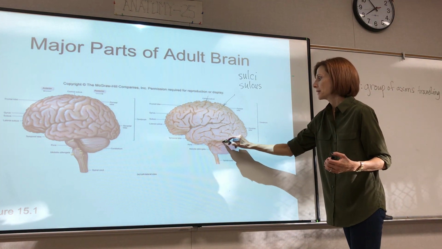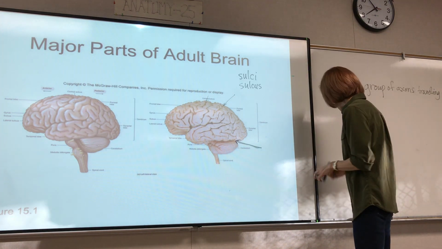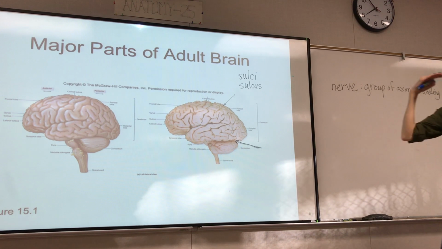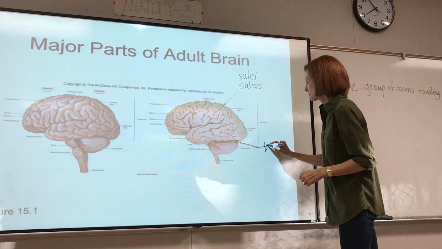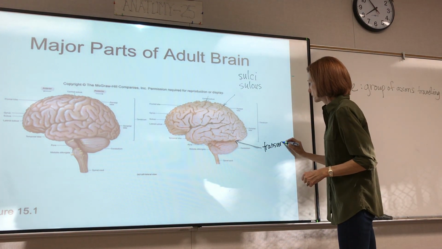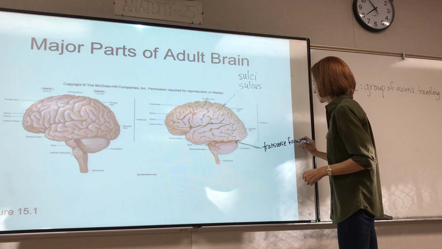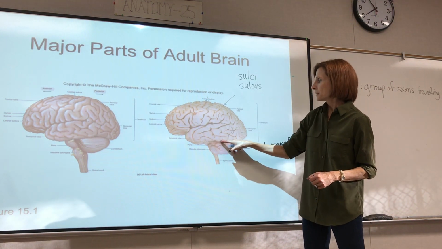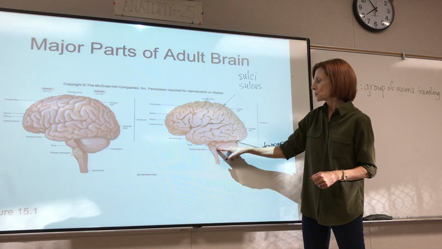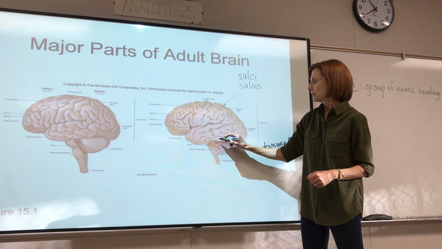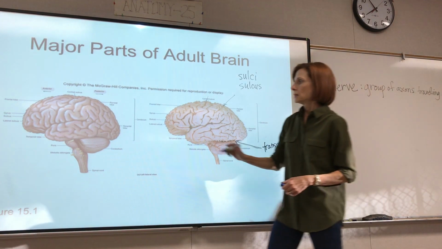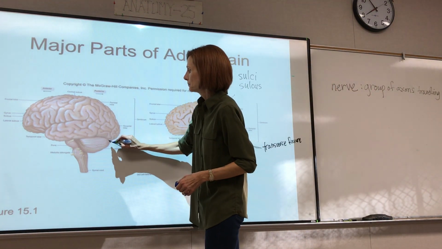This is called the transverse fissure, because it's in the transverse plane. Notice it is between the cerebrum and the cerebellum, which is this part of the brain right here. So it would be right there, the transverse fissure.